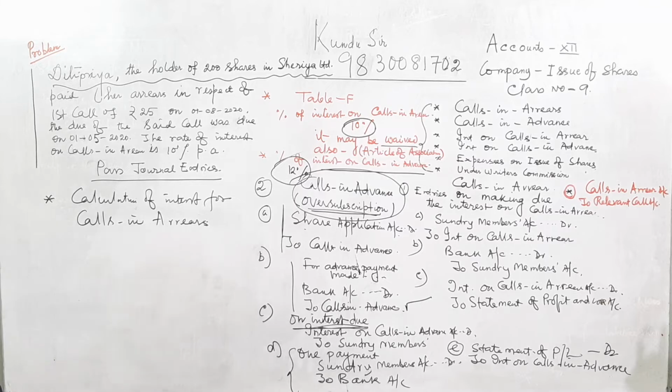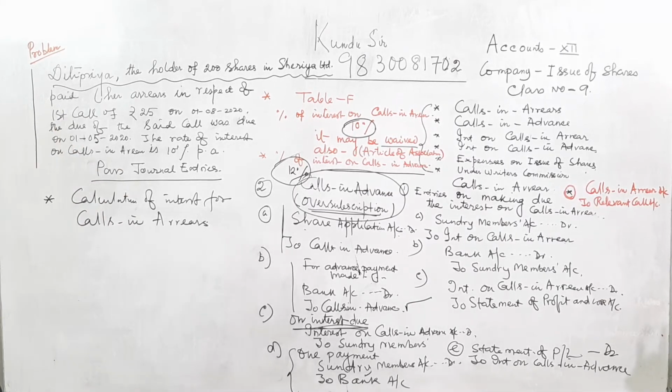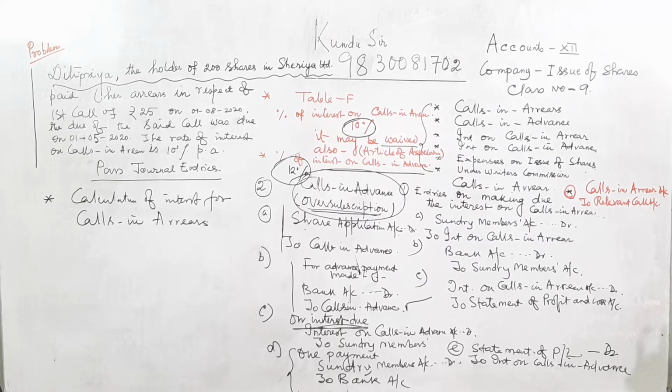There is a problem, a very small problem. Ditipriya, the holder of 200 shares in Shreya Limited, paid her arrears in respect of the first call of rupees 25 per share on 1st August, but it was due on 1st May.